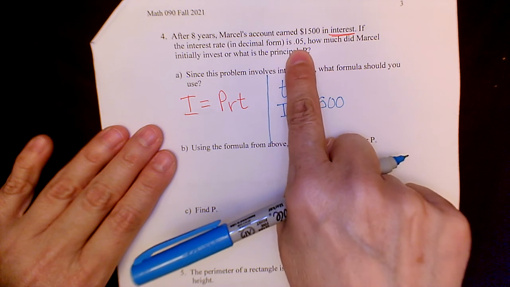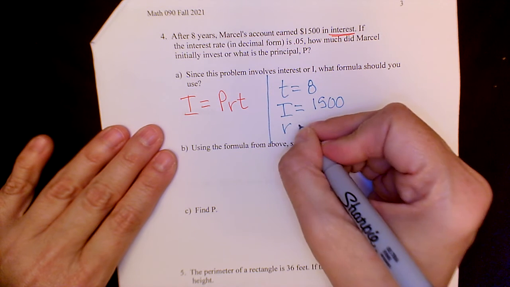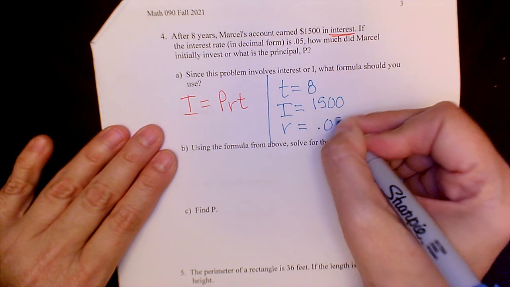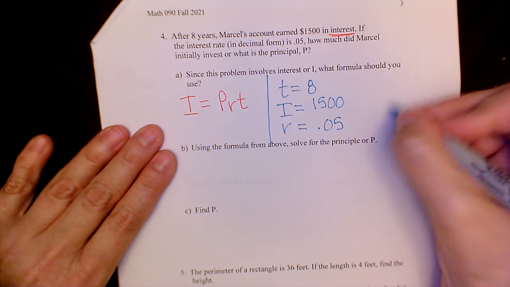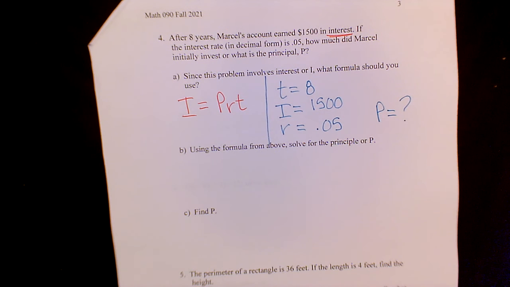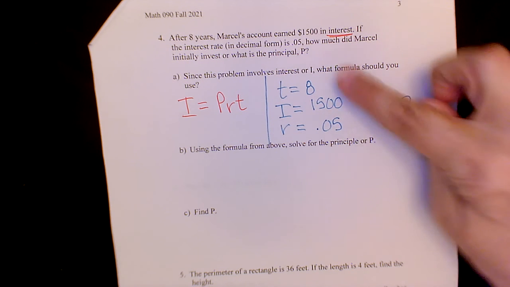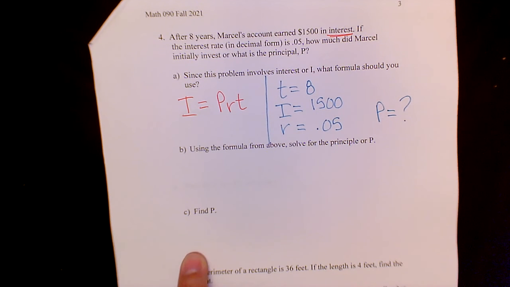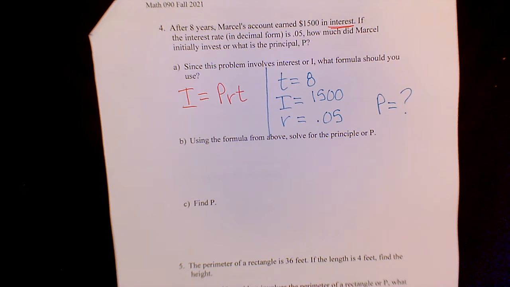And I know the interest rate, or R, is 0.05. And I don't know P. That's what we're looking for. Okay? This just helps me, like when I'm going to go and do part C, it helps me to know what each piece is equal to. So I'm just getting all that information from the problem and writing it down.